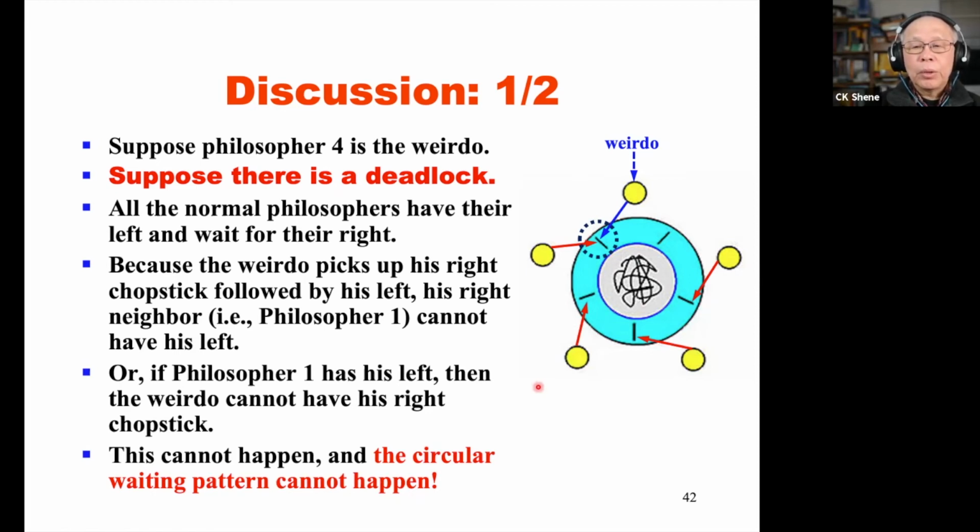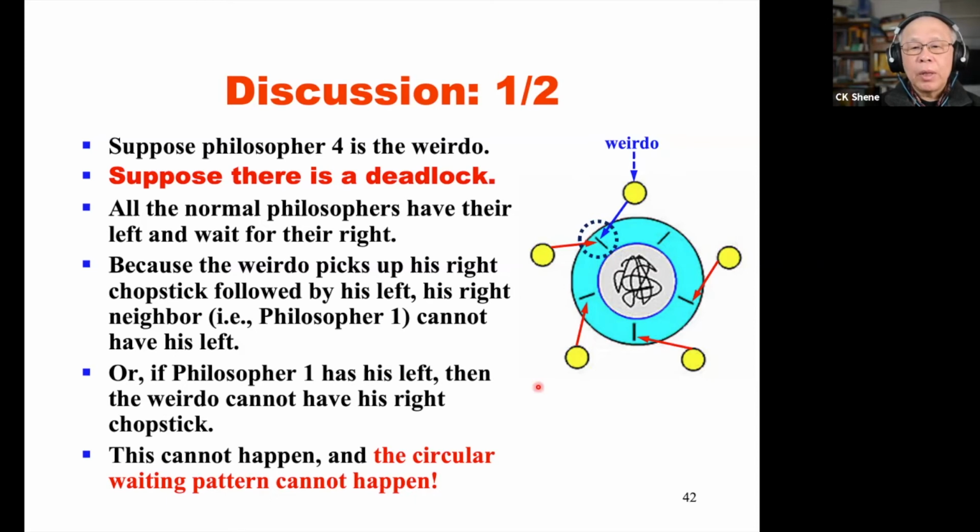This weirdo, or lefty-righty solution, is deadlock-free. So how do we prove it? I prefer a proof by contradiction technique. Or you may do it in a constructive way.